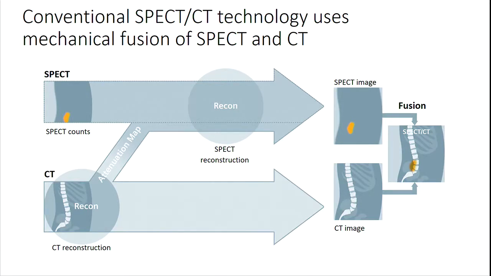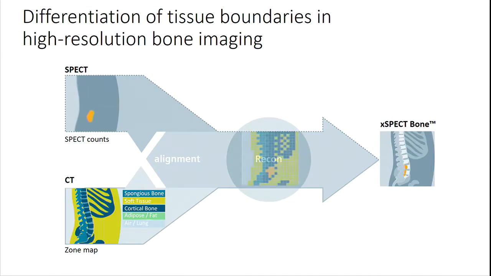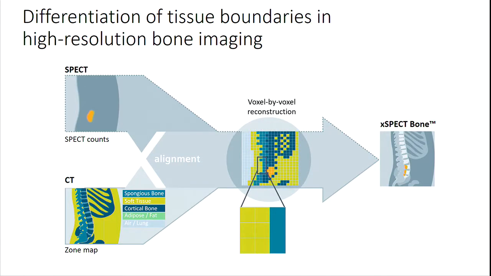When you put them together they don't match each other, and that creates a streak artifact. With this new system, xSPECT, the SPECT and CT are put together into a single matrix, with a reconstruction algorithm created for each individual matrix. So the final image won't be affected by a separately calculated attenuation coefficient from the total CT images. This makes the images crisper.